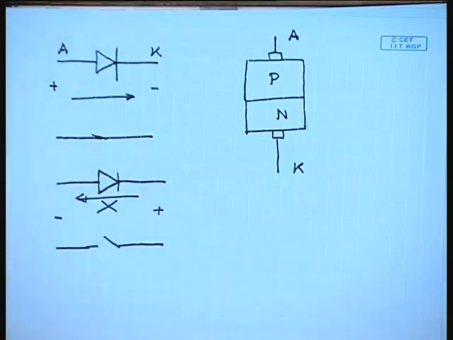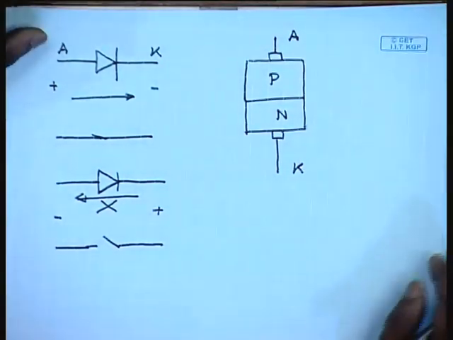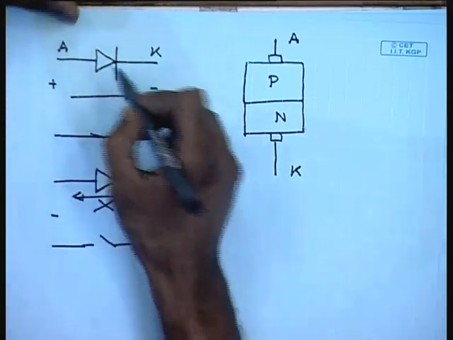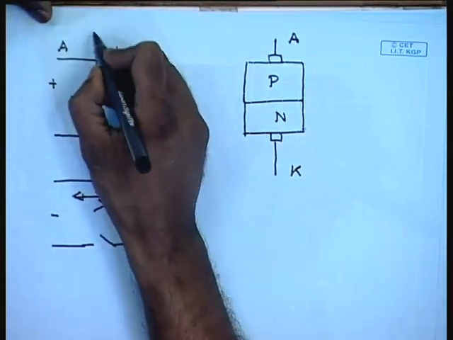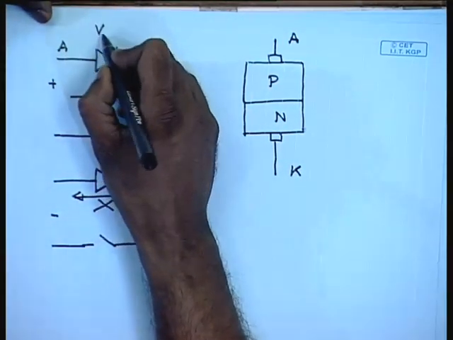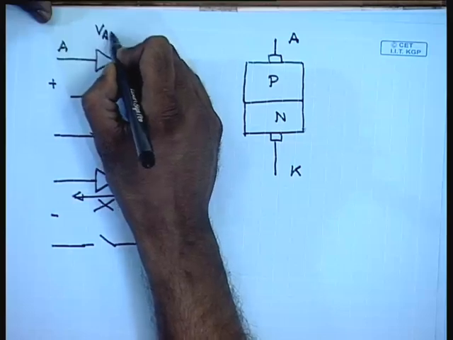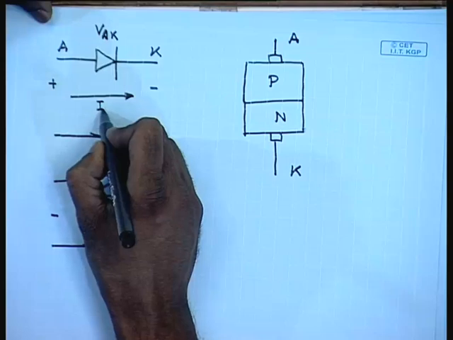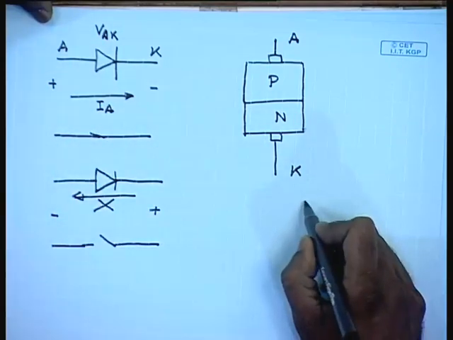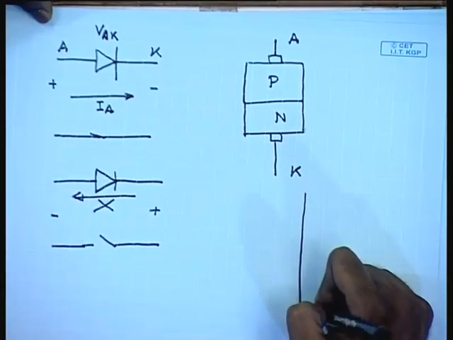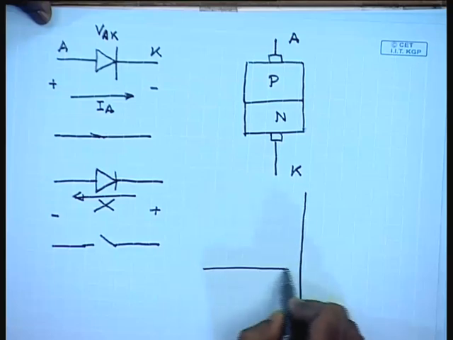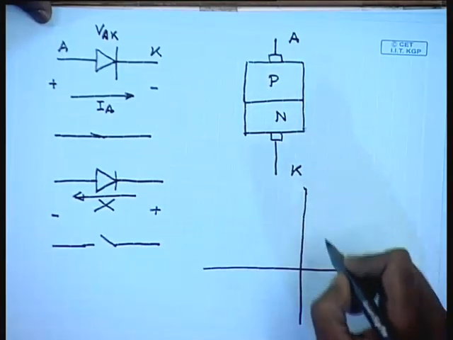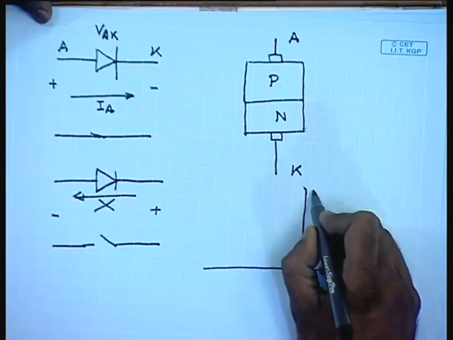This is not possible. If you look at the practical characteristics of a diode, the IV characteristics, that is, if you plot voltage VAK versus the current IA, it looks somewhat like this.